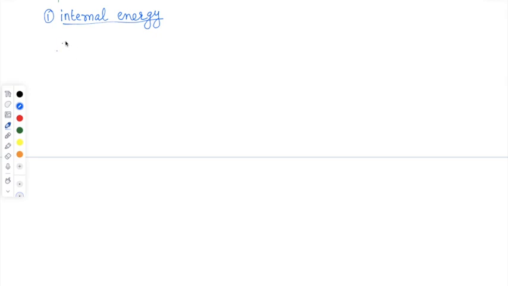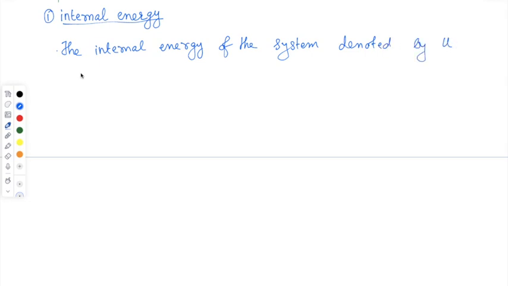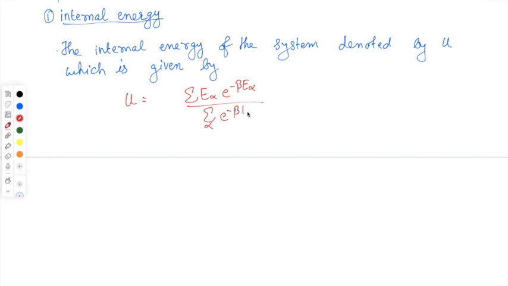The internal energy of the system, denoted by U, is given by U equals the summation over alpha of E alpha e to the power minus beta E alpha, divided by the summation over alpha of e to the power minus beta E alpha.